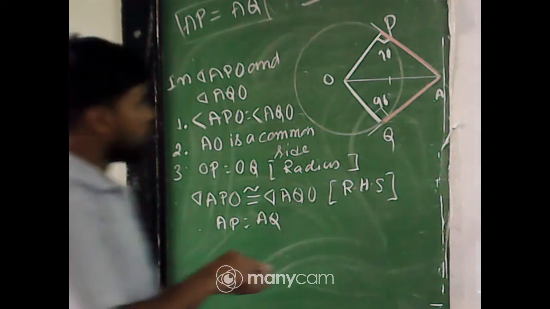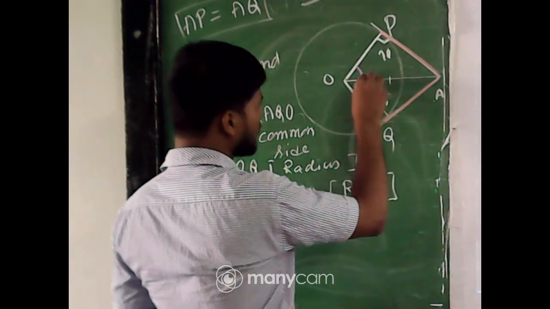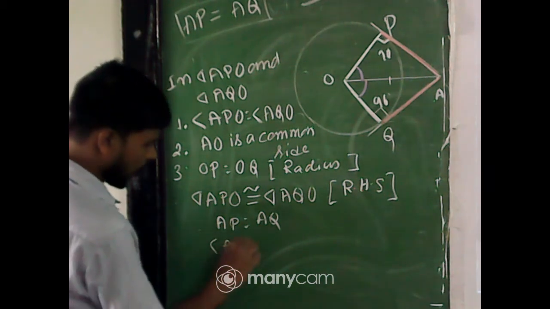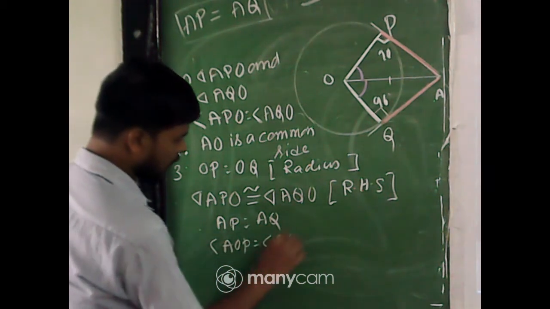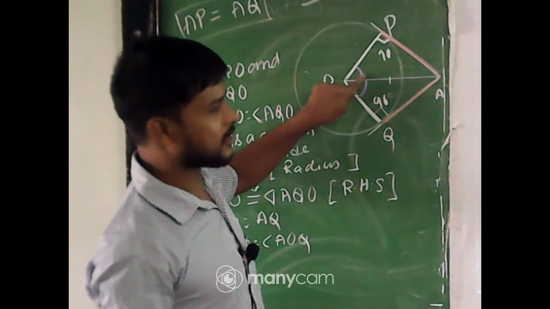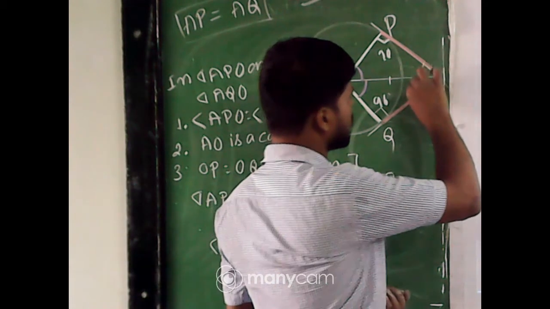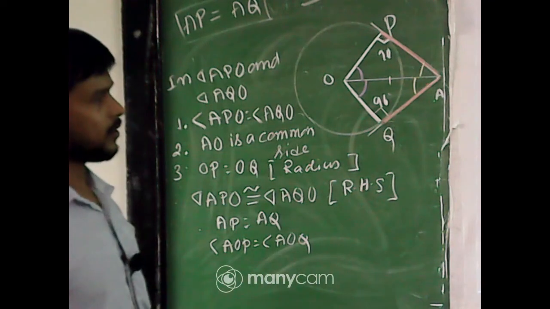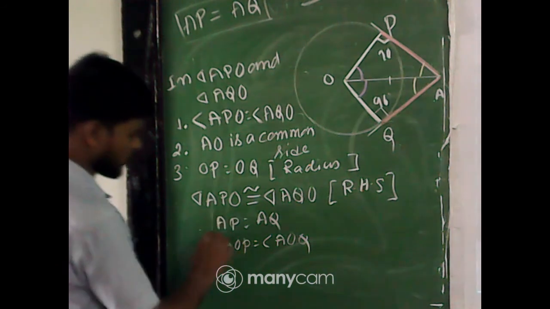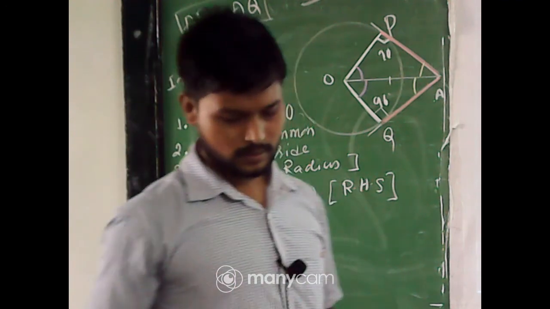Not only that, we can also write that angle AOP is equal to angle AOQ, means the tangents make equal angles at the center. But here we just have to prove that the lengths of the tangents are equal to each other.